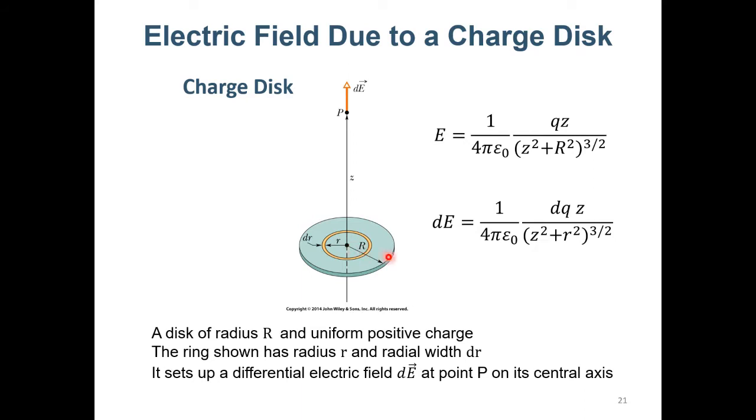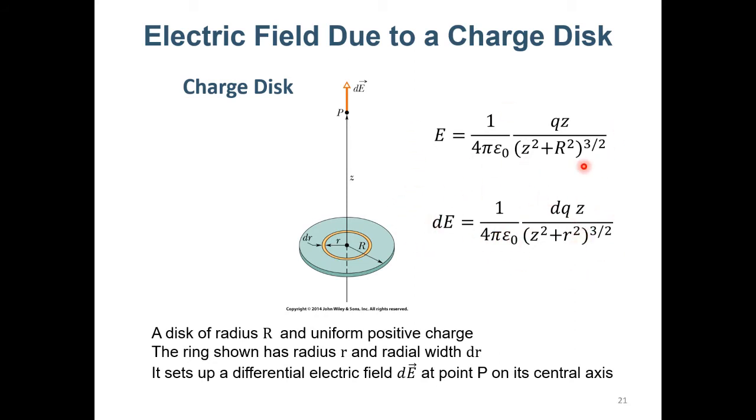The total radius of this disk is capital R, but we consider the ring to have a radius small r as a variable, because this r should vary from 0 to capital R. So finally you integrate dr from 0 to capital R. Okay, so we have the expression like this.